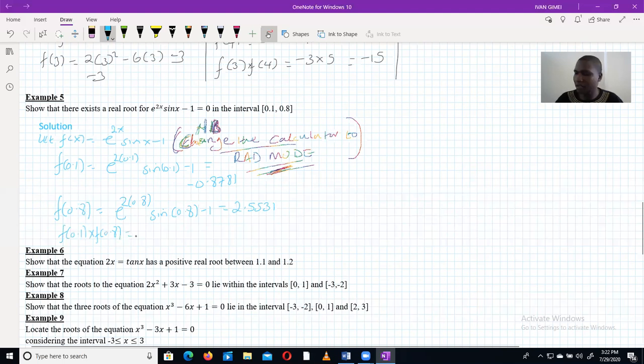Then I go ahead and get my f of 0.1 times f of 0.8. What will it give me? It will give me negative 2.2419. Then you go ahead and conclude.